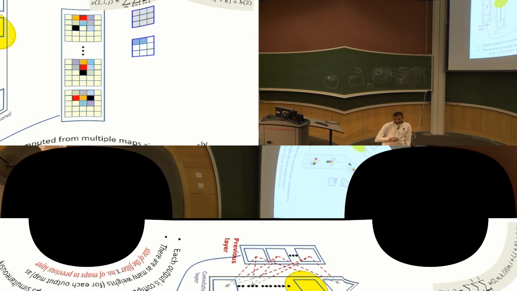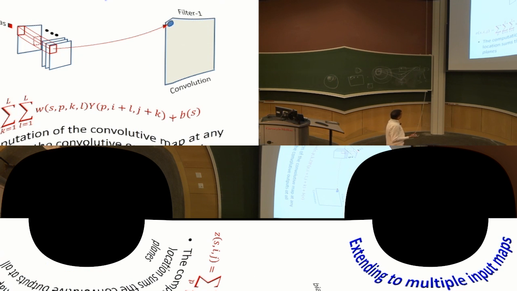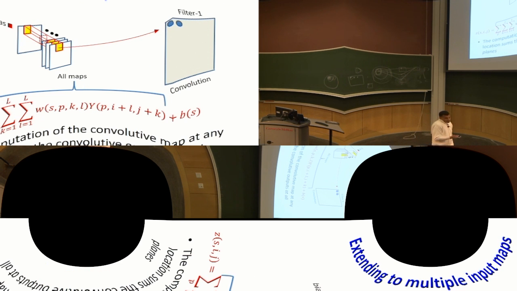I have 3 colors. But now, from the photo, I have got many, many maps. So when I go to the second layer, now the depth is going to be as many as the number of maps I have computed. Now you can't really call it a photo anymore, right? So, clear to everybody? Yeah.